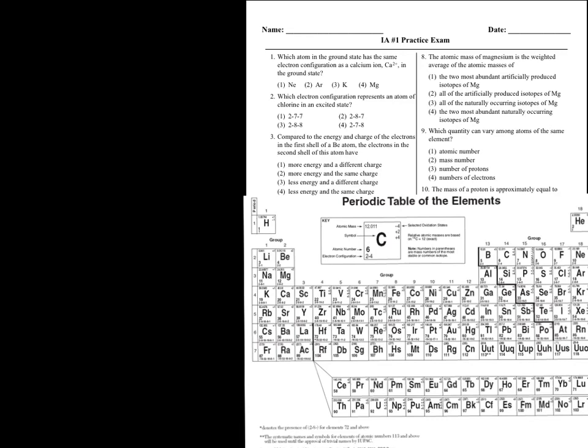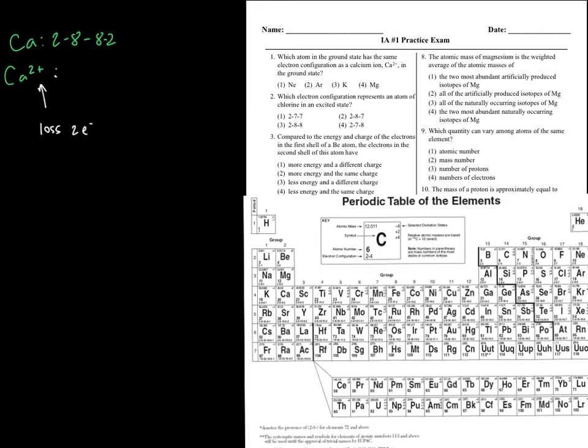So the electron configuration for Ca in the ground state is 2, 8, 8, 2. Now because Ca2+ has a charge of 2+, this means it lost 2 electrons. So it has 2 fewer electrons than the normal Ca atom.